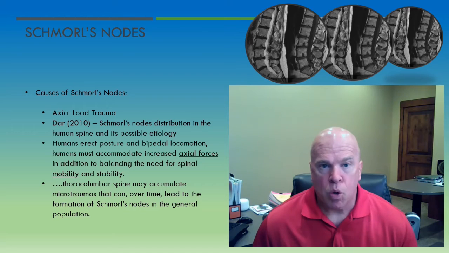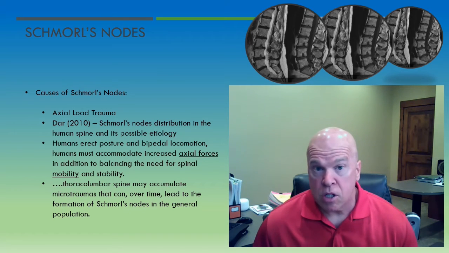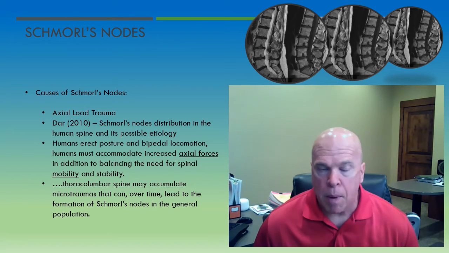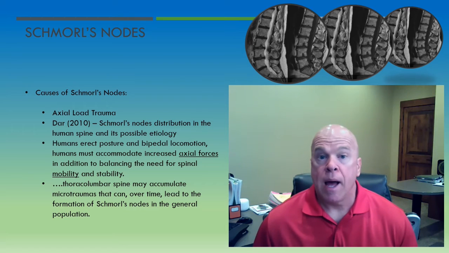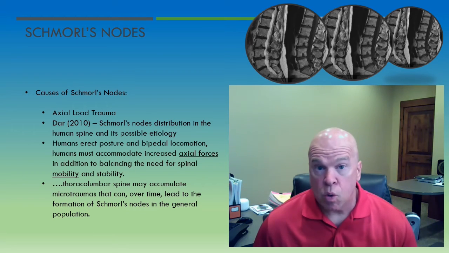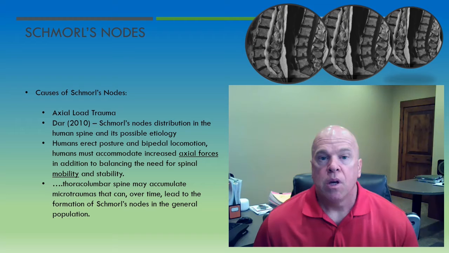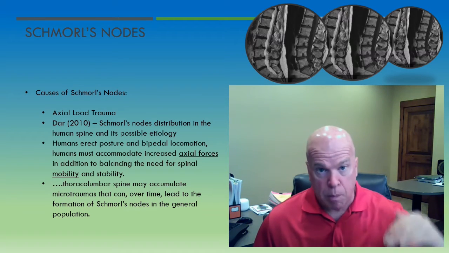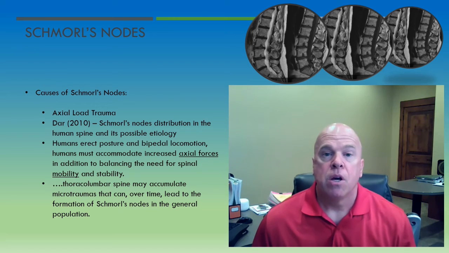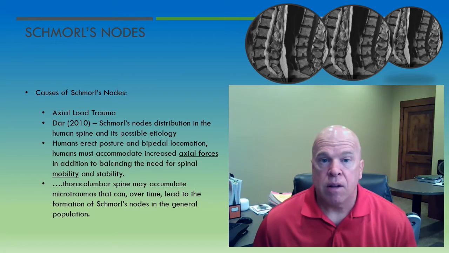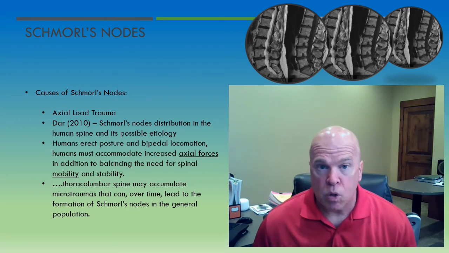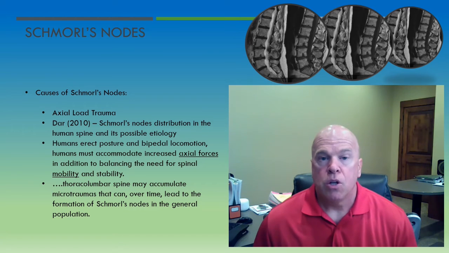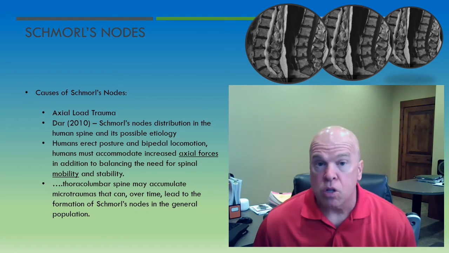They found that Schmorl's nodes had their greatest distribution in the thoracolumbar portion of the spine, particularly at T11, T12, L1, and L2, with diminishing frequency both above and below those levels. And they found that these particular levels were most likely susceptible to high axial forces.